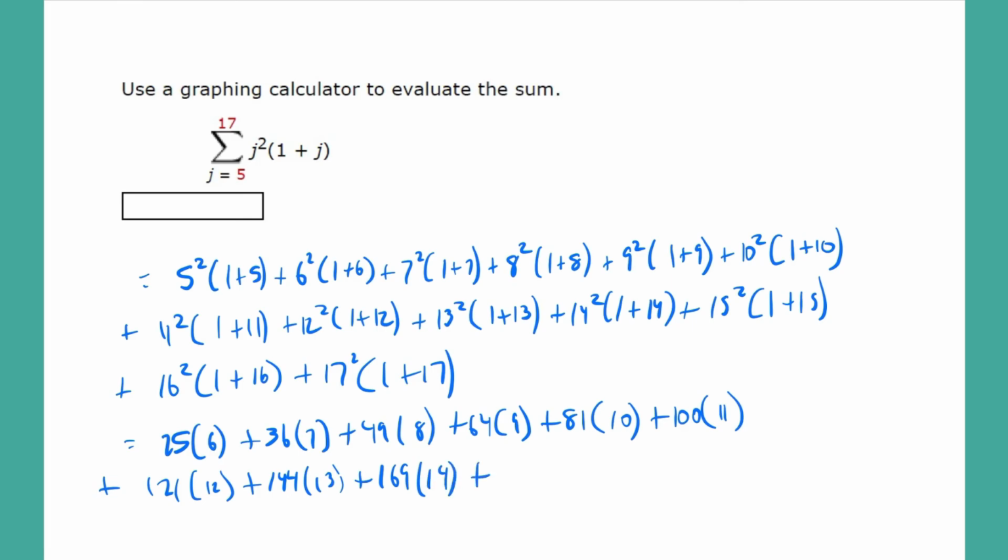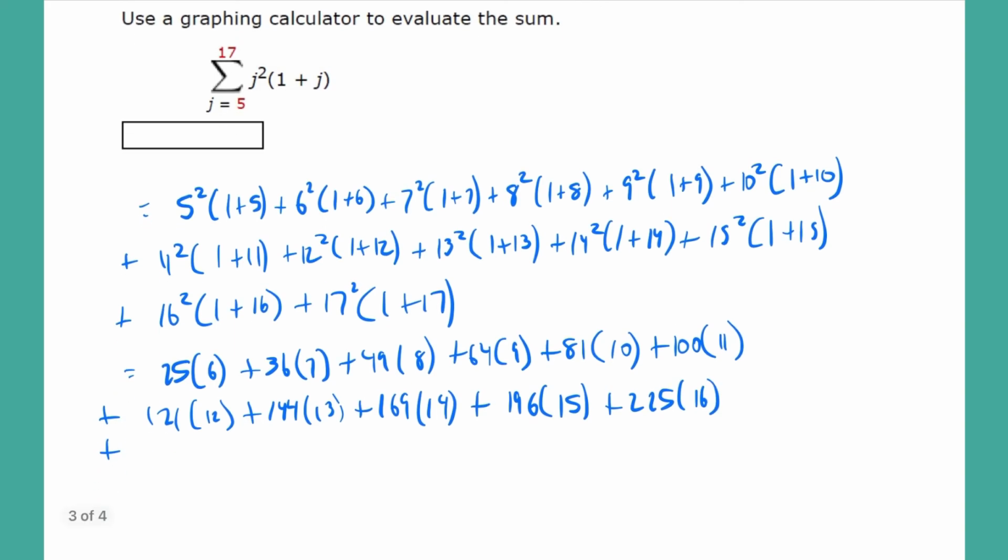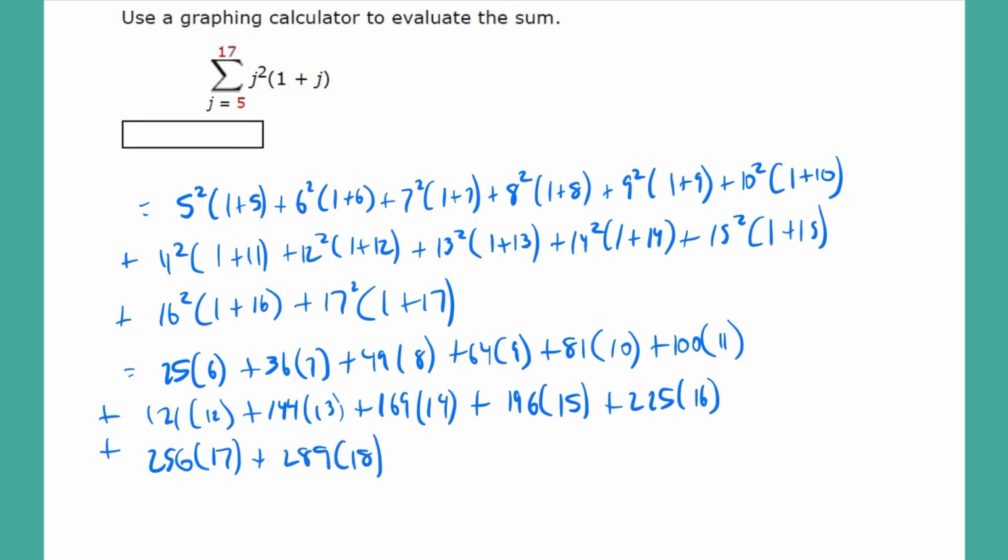And then 14 squared is 196 times 15. 15 squared is 225 times 16. And then 16 squared is 256 times 17. And finally, 17 squared is 289 times 18. So whatever you get when you enter this into your calculators, that is your final answer.